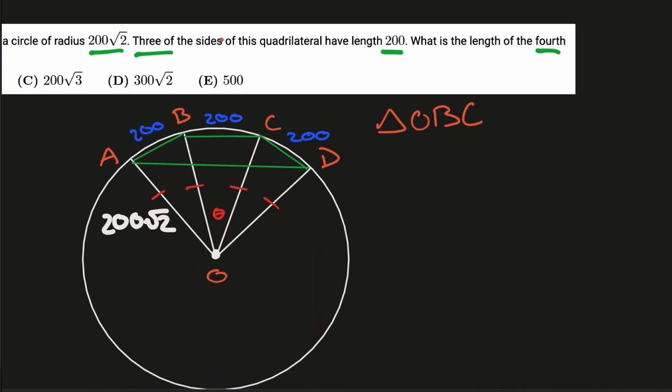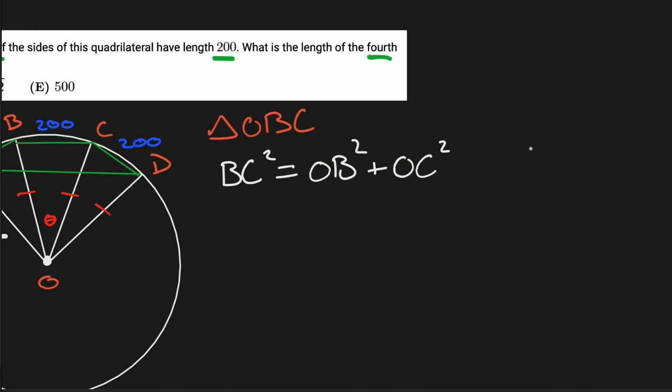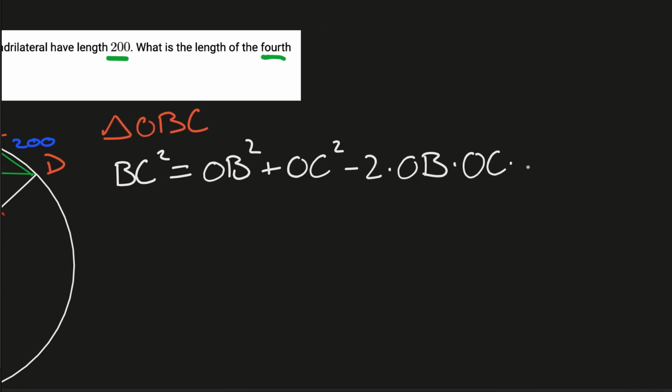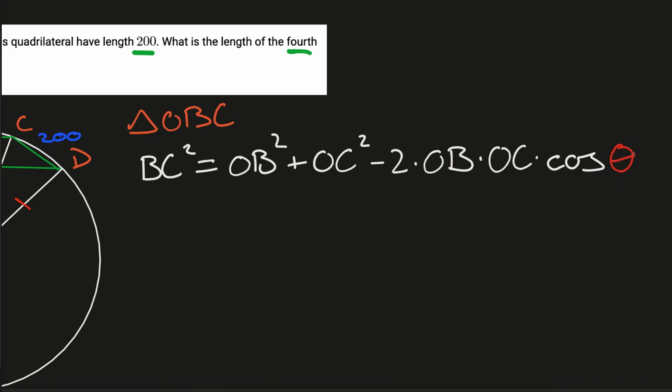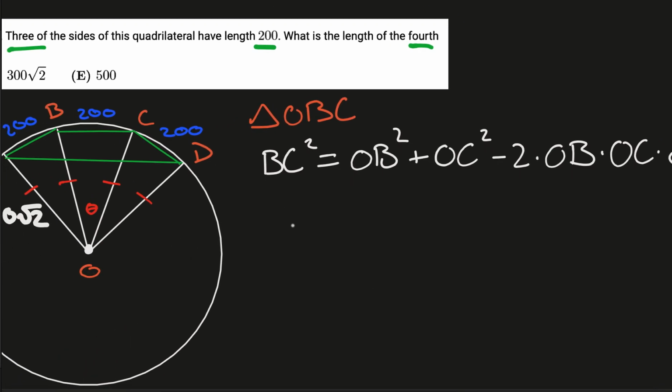In order to solve this, we're going to use our given information and put it towards the law of cosines. So we have BC squared equals OB squared plus OC squared minus 2 times OB times OC times cosine of that angle theta. Now we know that BC is going to be 200.